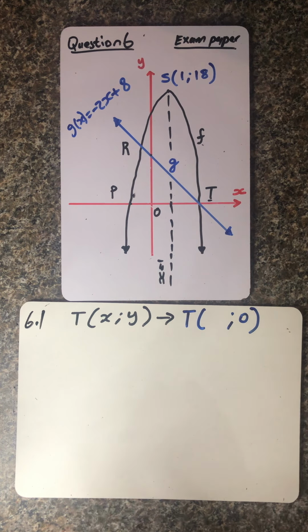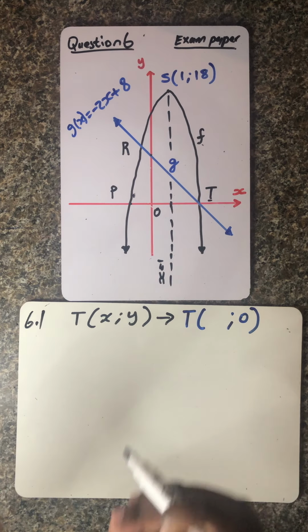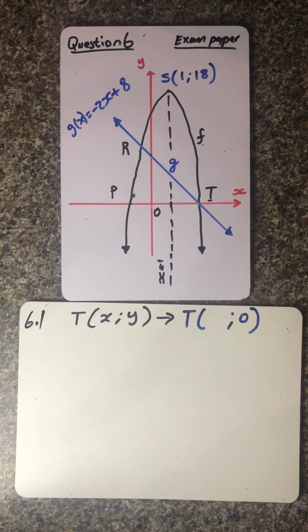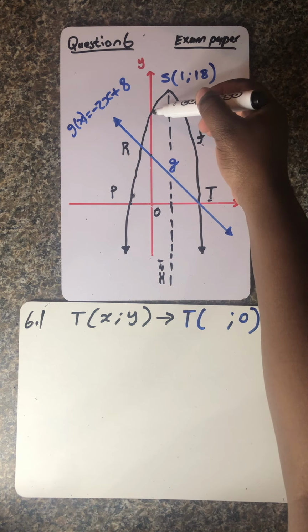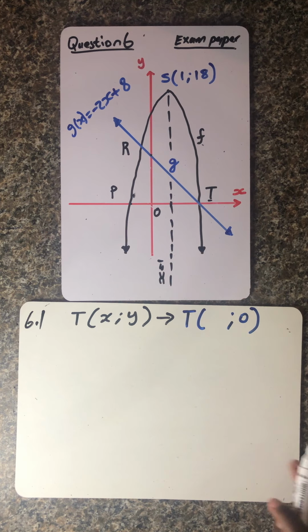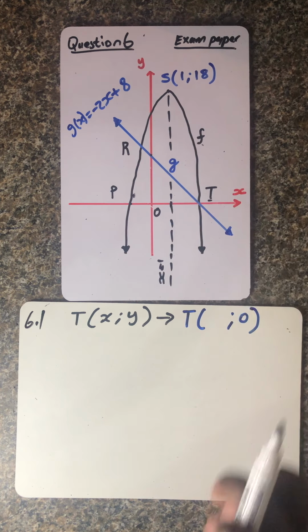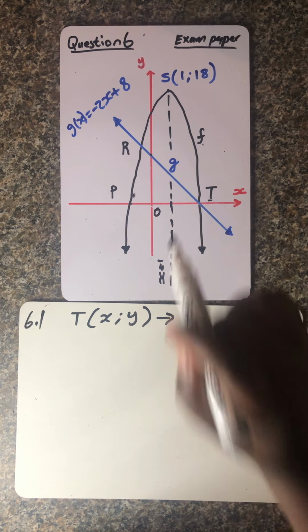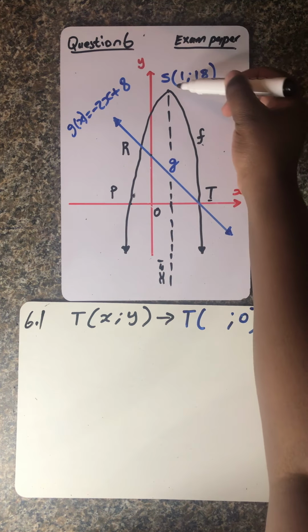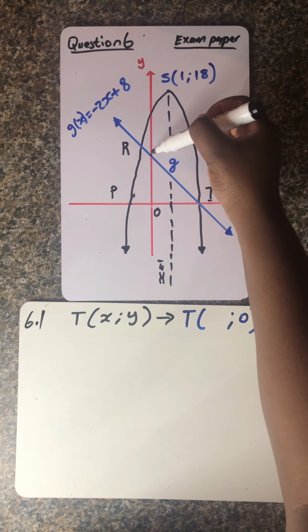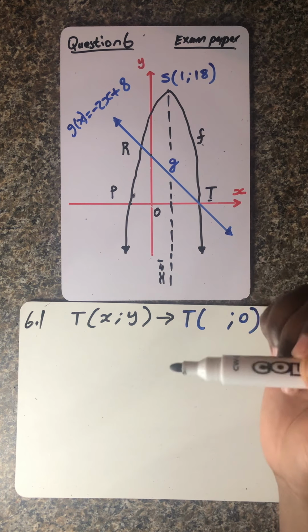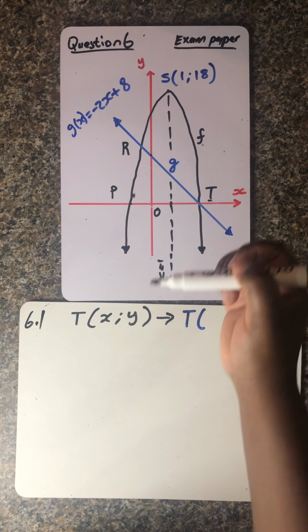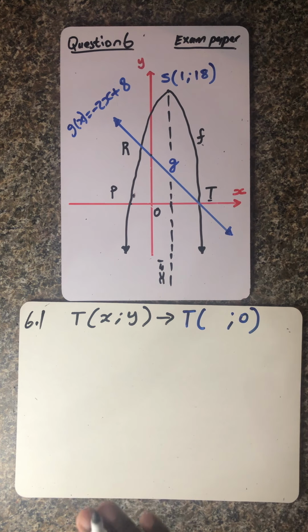This is just for additional information, in case you had a similar question and they wanted you to calculate the y-intercept of the graph of f. That means when you do your calculations, you must get a positive number, between 18 and 8. So in case you do your calculations and you get a negative number, ladies and gentlemen, please tell yourself that you've made a mistake and try to rectify that mistake.